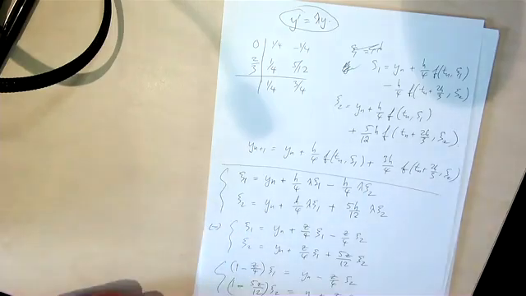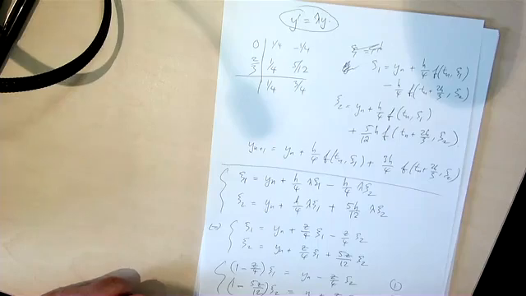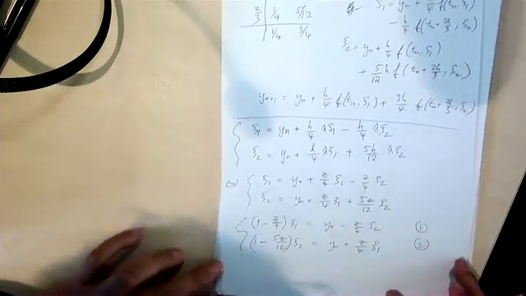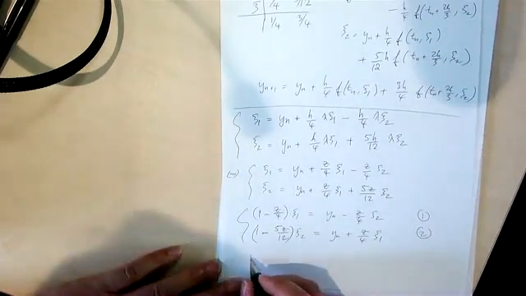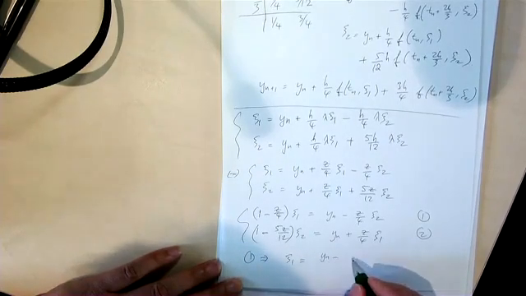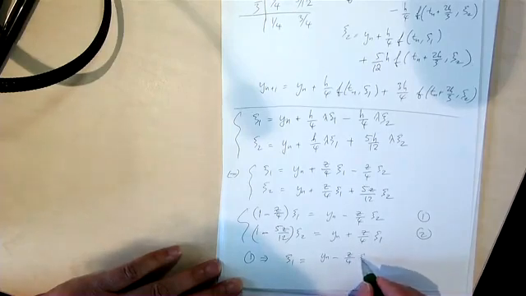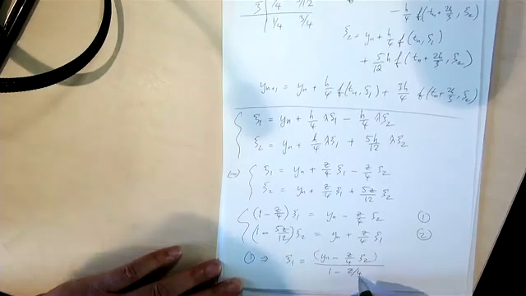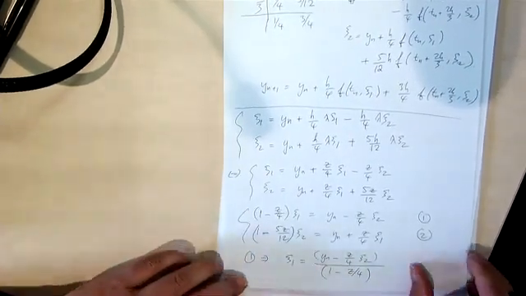I can solve by substitution. Say this one is 1, this one is 2. If I take 1, then xi1 will be yn minus z over 4 xi2, divided by 1 minus z over 4.